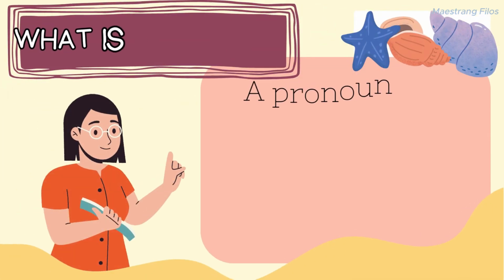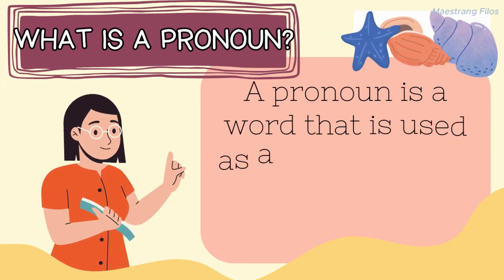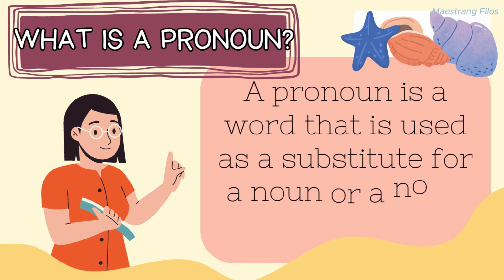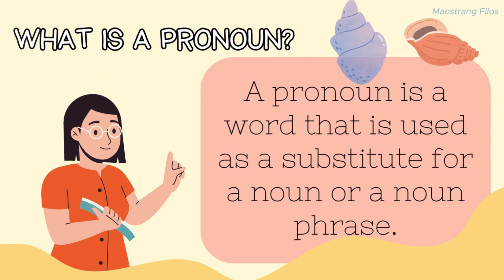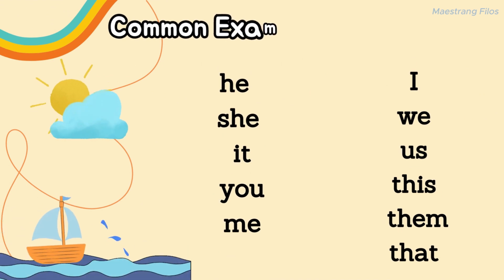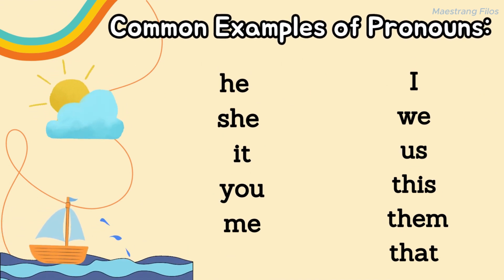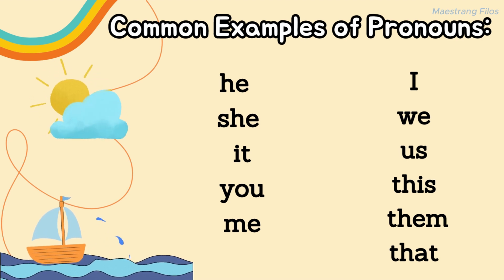Kids, a pronoun is a word that is used as a substitute for a noun or a noun phrase. Let's read the common examples of pronouns. He, she, it, you, me, I, we, us, this, them, and that.